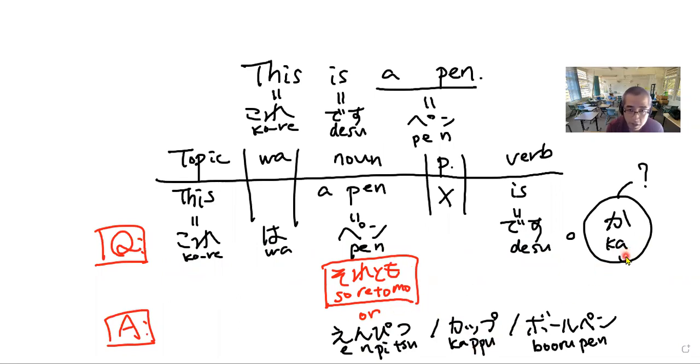In that case, the answer will be これはカップです。Or you can say これはペンです。It depends on what it is.